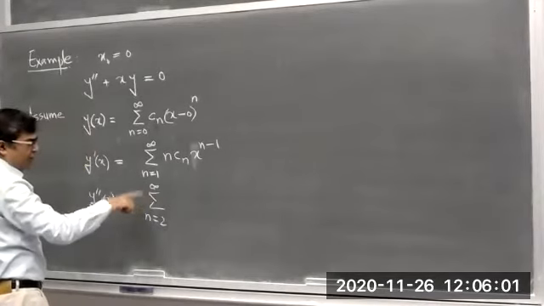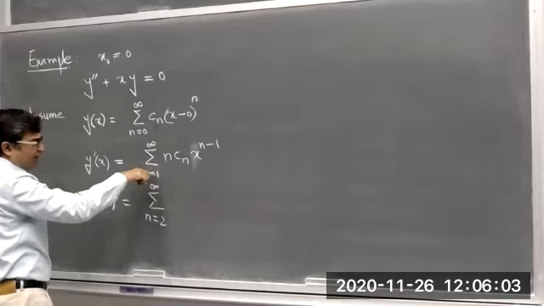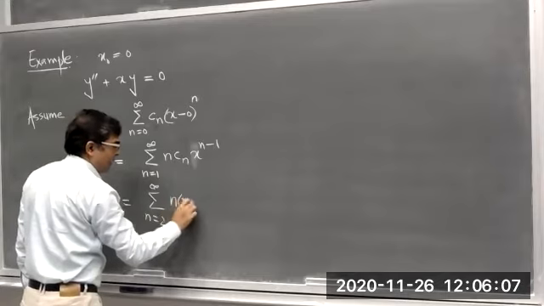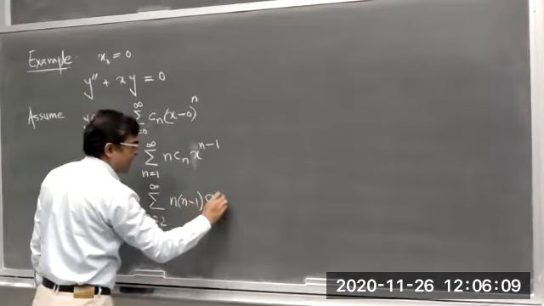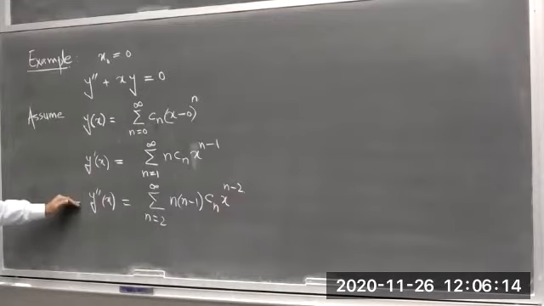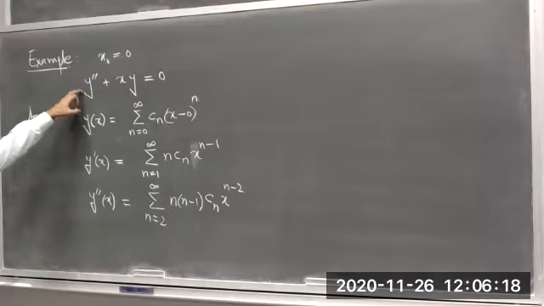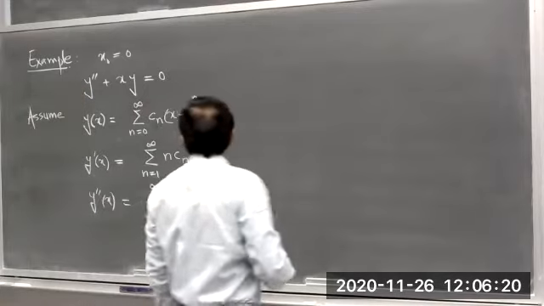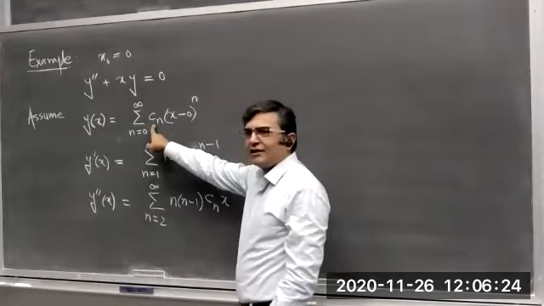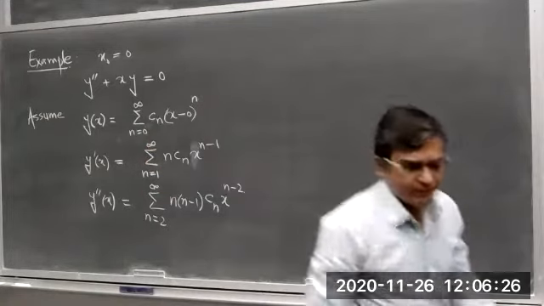I told you in the previous lecture why we increase the summation index here. n into n minus 1, Cn x raised to power n minus 2. Now we have these three expressions. We insert them here in this differential equation, and we try to find the unknown coefficients Cn.